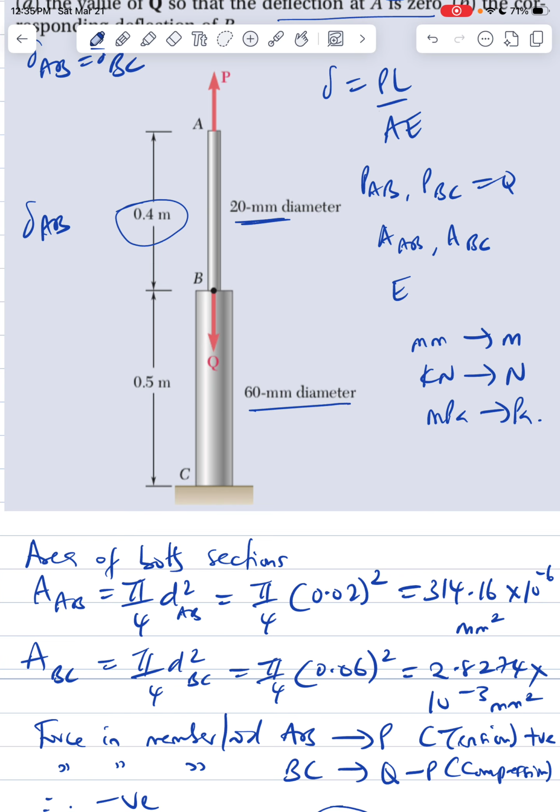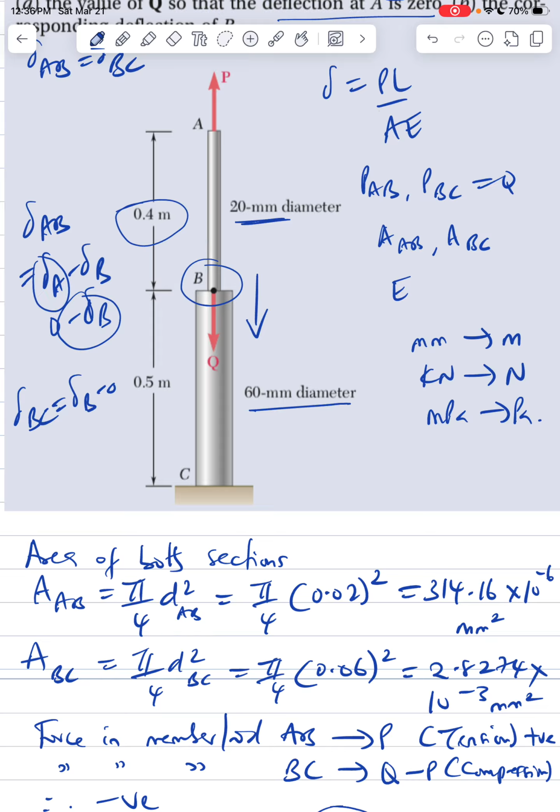Delta AB is simply the difference between delta A minus delta B, right? If A doesn't move, it's 0, and this will be delta B, which will be negative. You get that? The movement at this point will be negative, downwards. Similarly, delta BC will be equal to delta B minus delta C. C here is 0, right? Because it's fixed. So we have delta B.